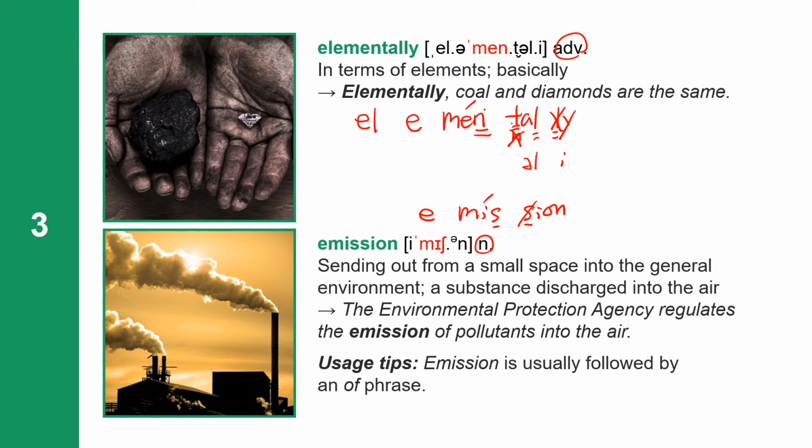Emission means sending out from a small space into the general environment, a substance discharged into the air. The Environmental Protection Agency regulates the emission of pollutants into the air. So when you use emission, it is usually followed by an of phrase. The emission of pollutants. Emission.